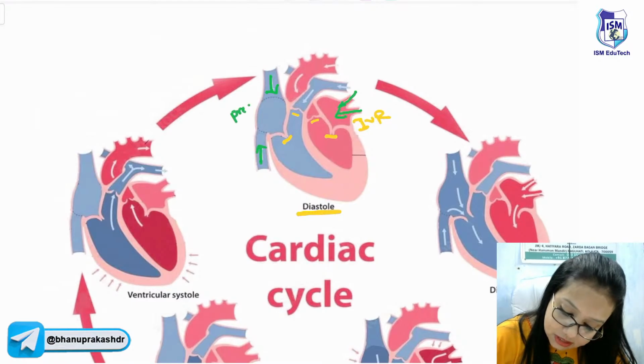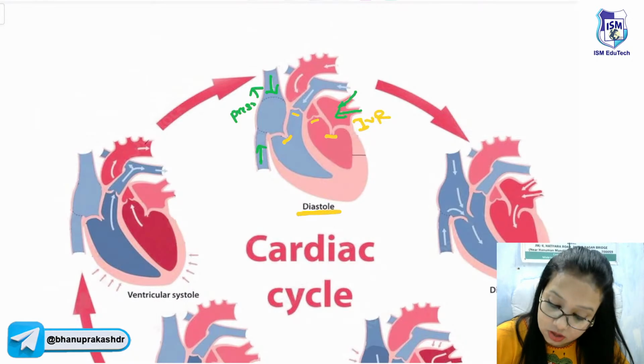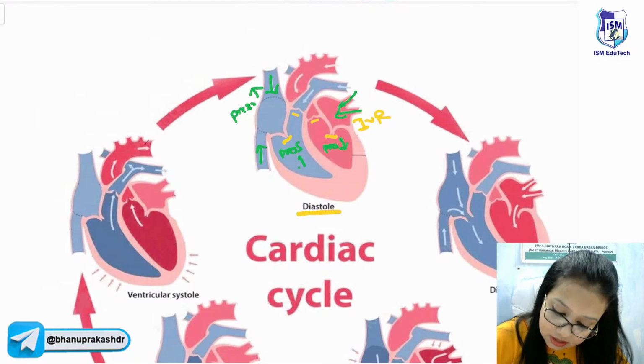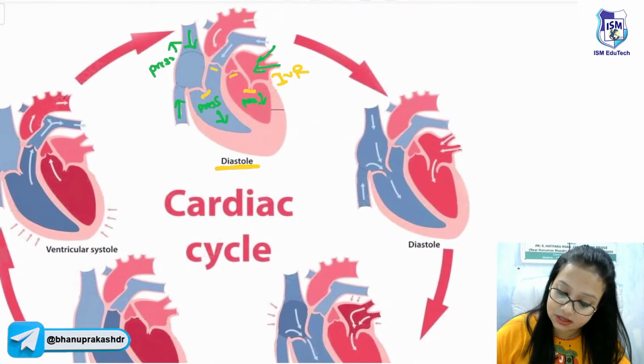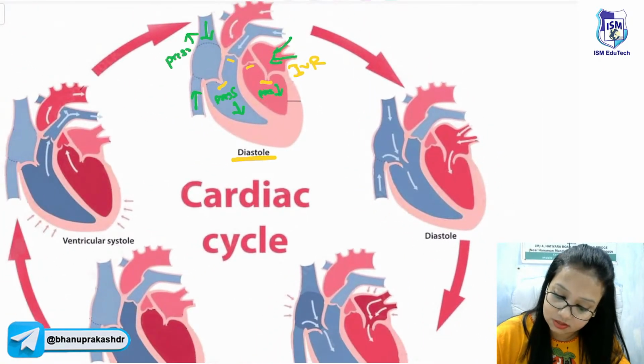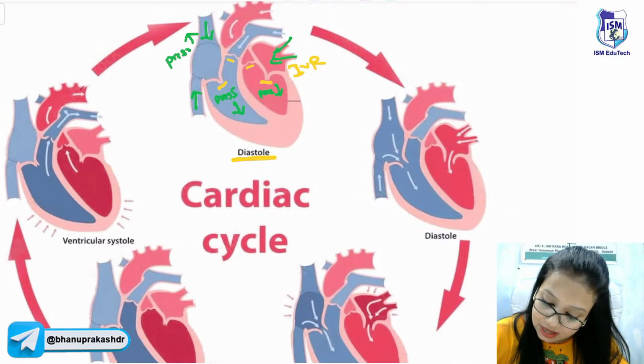So pressure here increases, and because of the isovolumetric relaxation, the pressure here decreases. Okay. Now, the difference in the pressure becomes so high that the AV valves are forced to open.